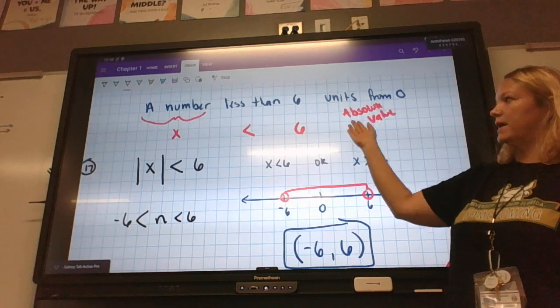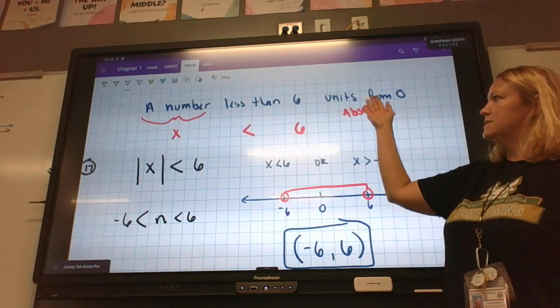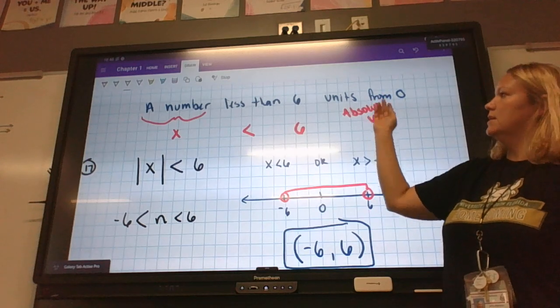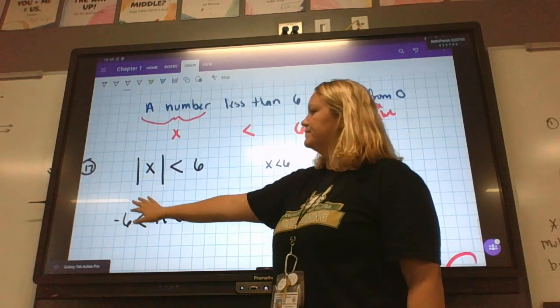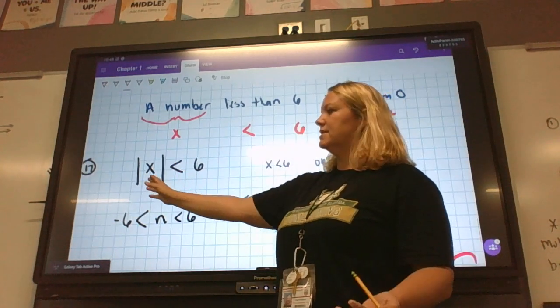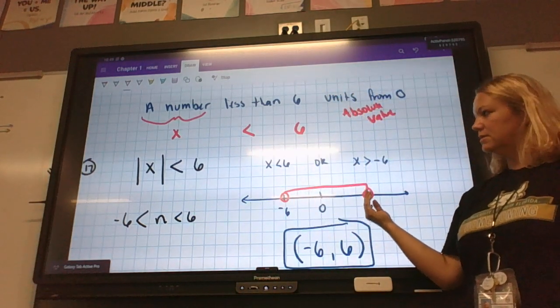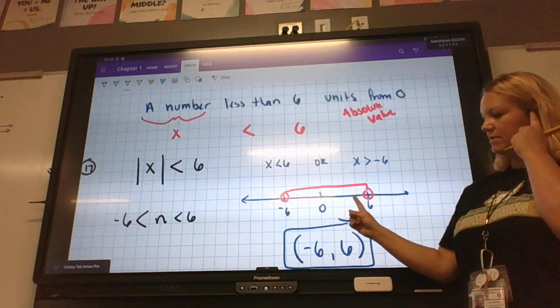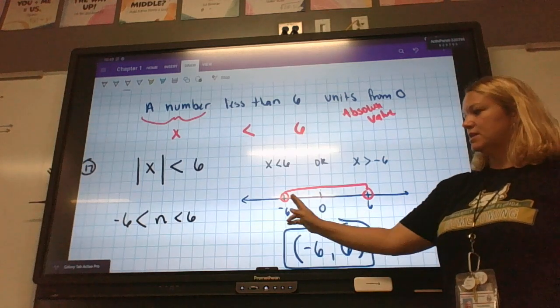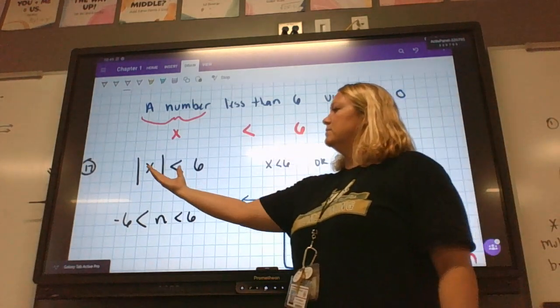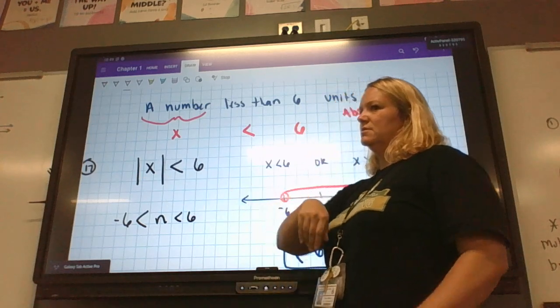Units from 0 implies absolute value. So as soon as they put these extra words in their sentence, we have to put the bars in. So it's not just X is less than 6, because we could be over here on the positive part. These numbers are less than 6, but these are as well. These are less than 6 units from 0, so we use the absolute value bars.